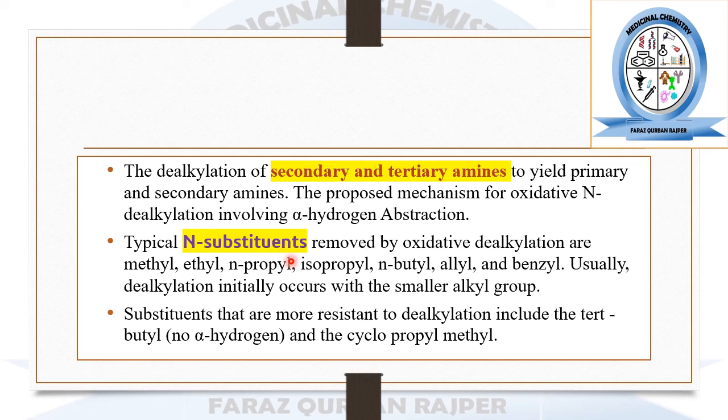Besides methyl they can be ethyl, N-propyl or isopropyl. Certain bulky groups that are more resistant to N-dealkylation are the cyclopropyl and butyl groups.